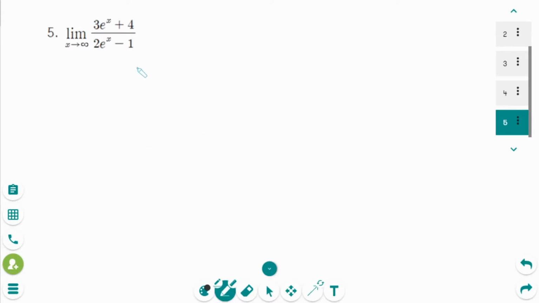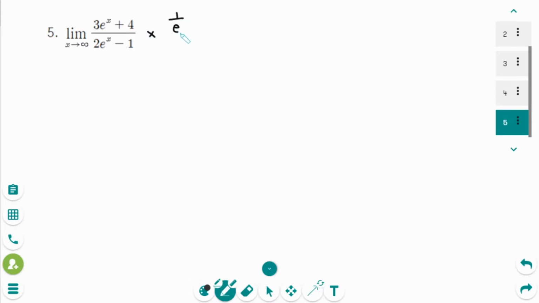The next question is this one. Let's check your understanding. Is it the infinity over infinity form or not? Yes, it is the infinity over infinity form, but it does not contain polynomials like question 3. So take the largest term, which is 2 to the power of x, and then divide each side.